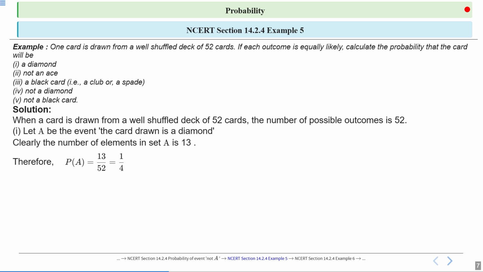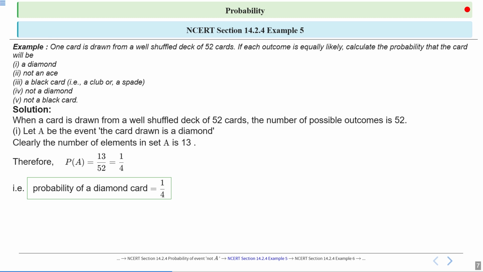Therefore probability of A is equal to 13 divided by 52. You can simplify it and we get 1 by 4. So the probability of the event A is 1 by 4. That is, the probability of a diamond card is 1 by 4.